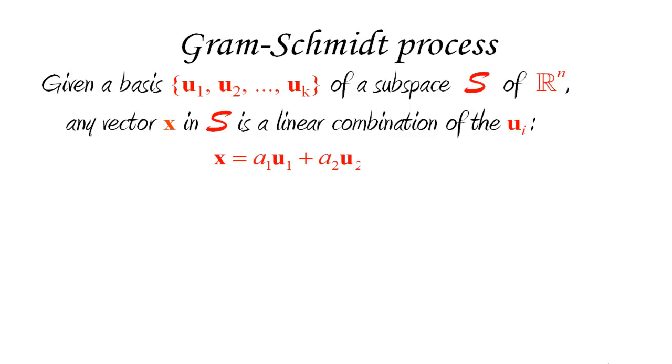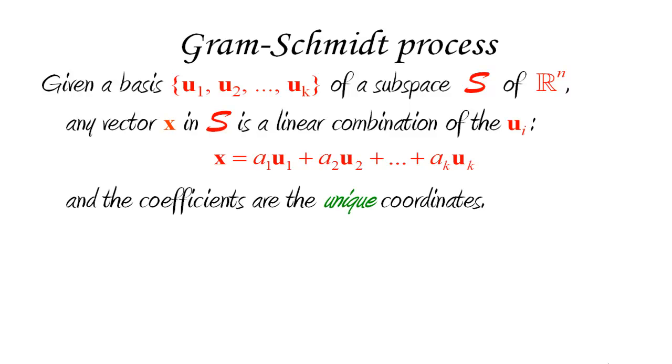That means that given the vector x, I can write x as the vector u1 times some coefficient a1 plus the vector u2 times some coefficient a2, etc., etc. And not only have we seen that, but we've also seen that these coefficients are unique, and we call them the coordinates. They are unique in the sense that there is only one choice for a1, for a2, and for ak, so that x is going to be a linear combination of those k vectors.